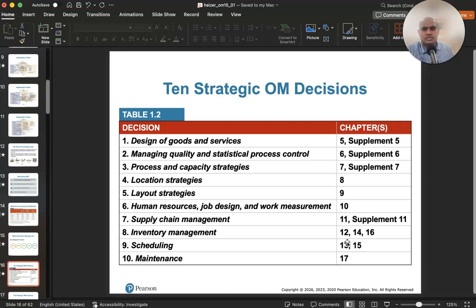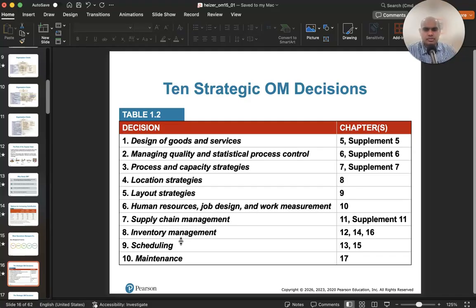And we obviously will not have time to cover all of this in the semester. In fact, out of these 10, you will be covering about 4 or 5 of them. We'll be talking about a little bit of the design of goods and services. We'll talk a lot about process strategies and location strategies, definitely supply chain management, inventory management, and if time permits, we'll do a little bit of scheduling and maintenance. And that's essentially how it is laid out.